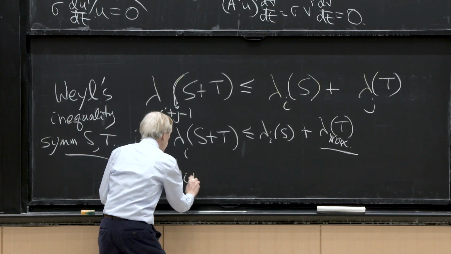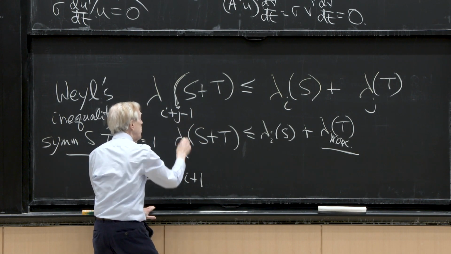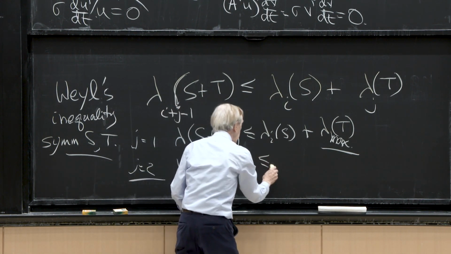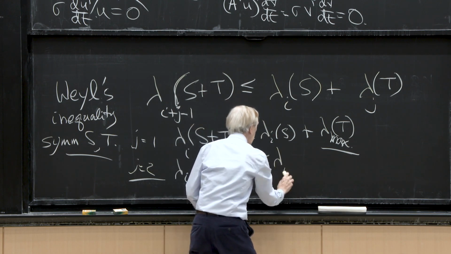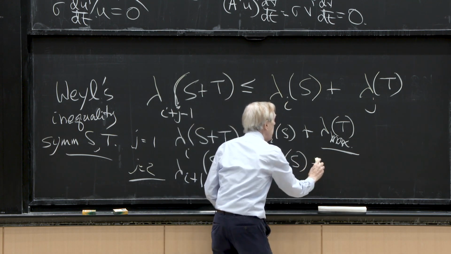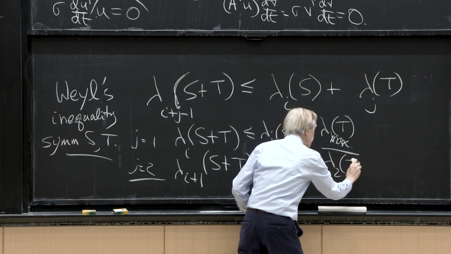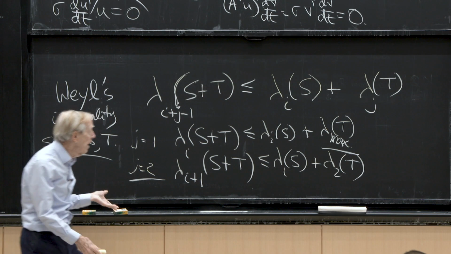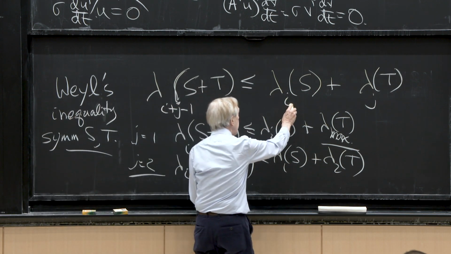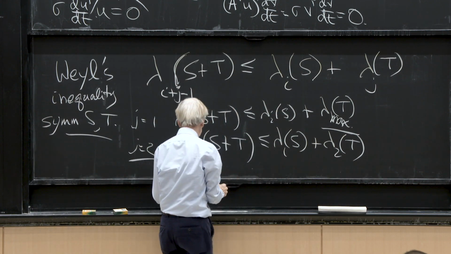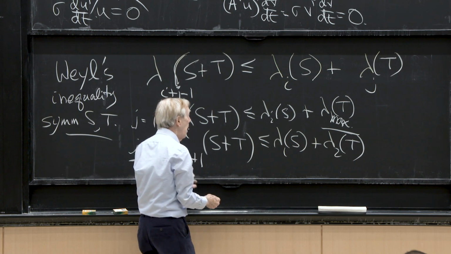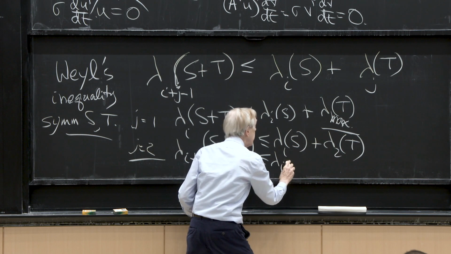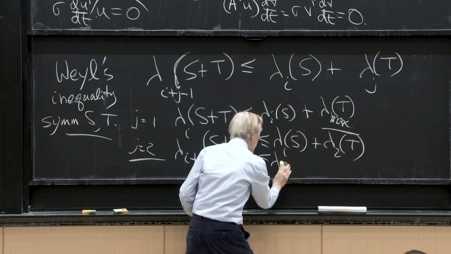Lambda i plus 1, now j is 2, of S plus T is less than or equal to lambda i of S plus lambda 2 of T. I think that's interesting. Or, I think I also could get lambda i plus 1 plus lambda i minus 1.